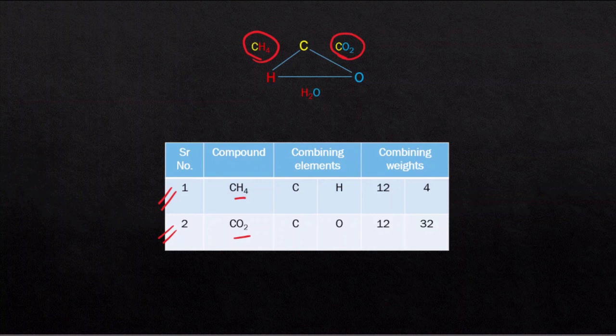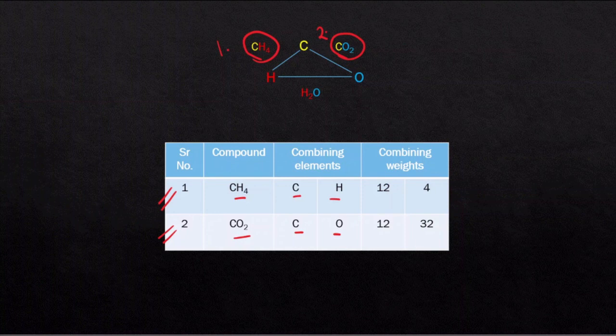For the first one, the combining elements are carbon and hydrogen, whereas for the second compound, the combining elements are carbon and oxygen. Now, combining masses for carbon and hydrogen in methane are 12 and 4 respectively.